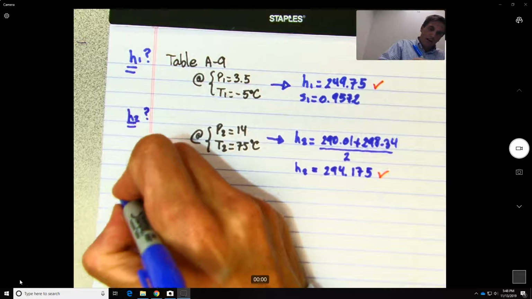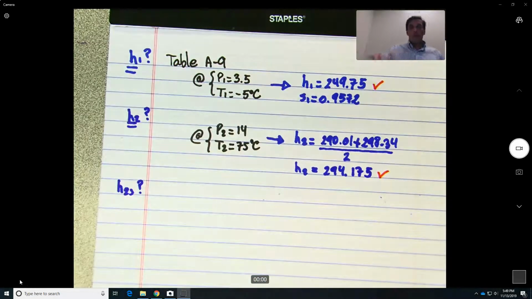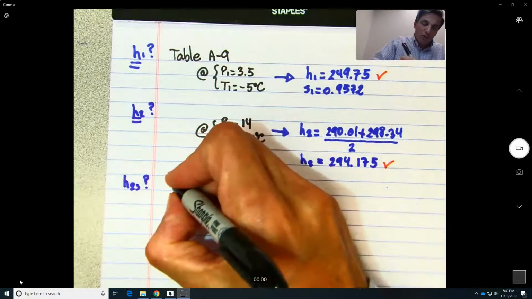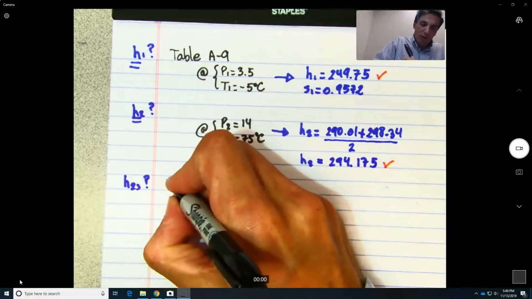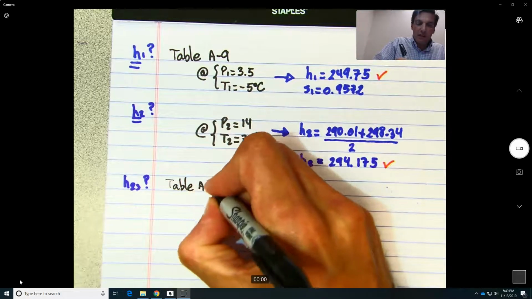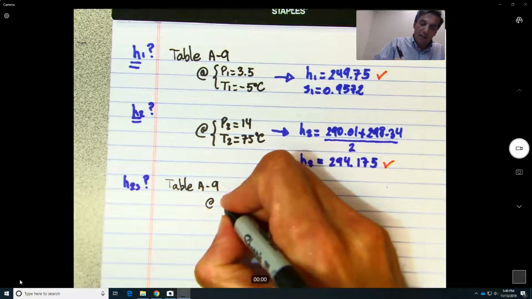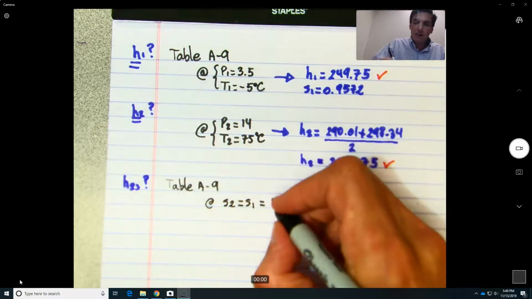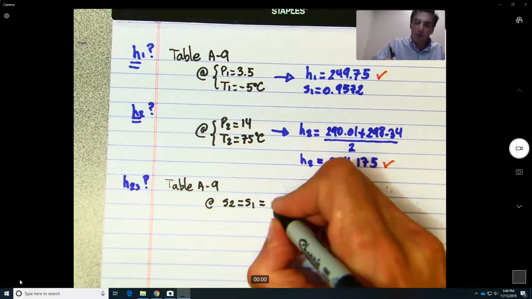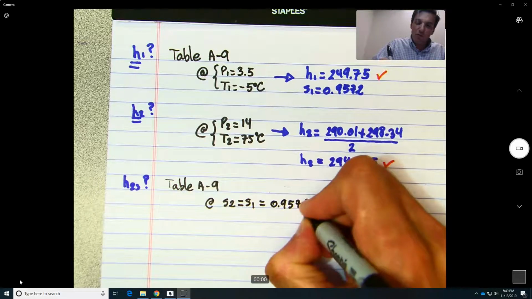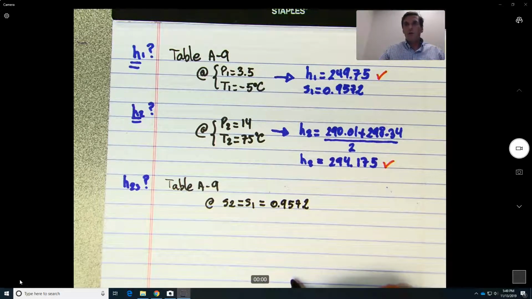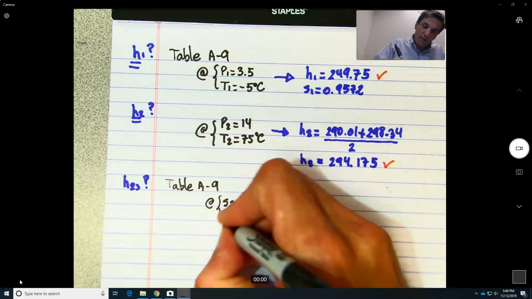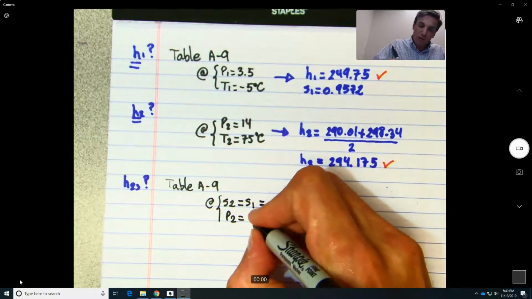We need to find H2S. In order to find H2S, we're also going to need table A9, but we're going to use the condition that S2 equal S1 equal to 0.9572, and the other condition is that we are along a line of constant pressure, so P2 equal to 14 bars.